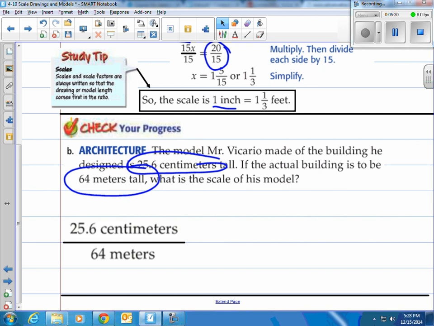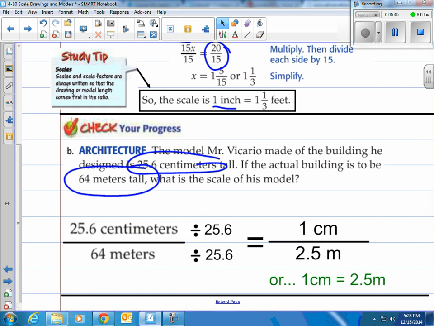That is going to be our scale, but we have to then divide to get 1. We want to know what 1 centimeter would be in the real world. So we divide by 25.6. Doing so, we end up with 1 on top, and we end up with 2.5 on the bottom. So we would say the scale for this would be 1 centimeter is actually equal to 2.5 meters.